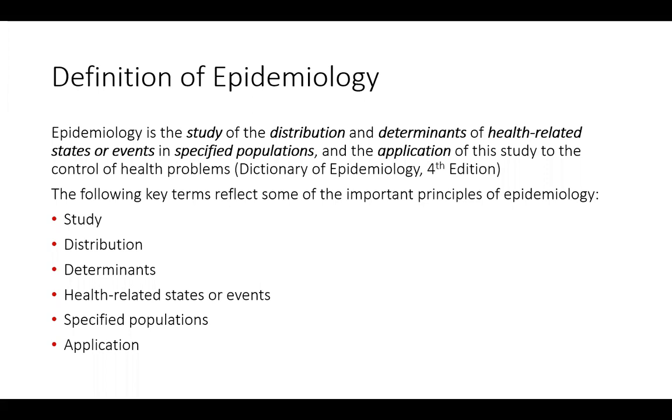So once you have collected data, that is, once the descriptive epidemiology part is over, how many, who, where, and when, you need to analyze that data. You need to come up with a hypothesis about what might be the cause for this problem.